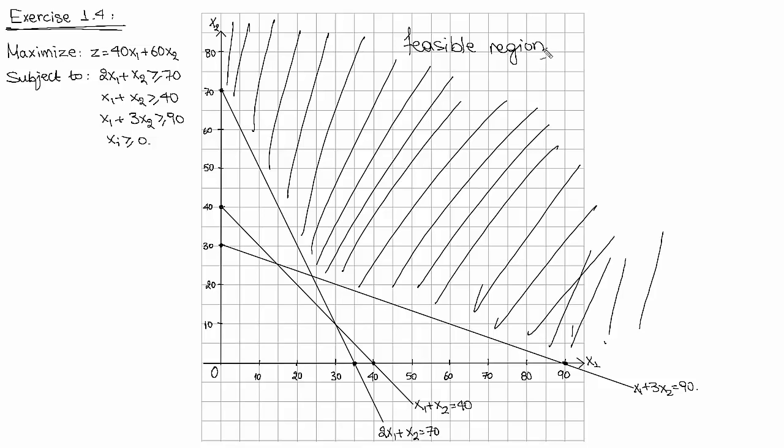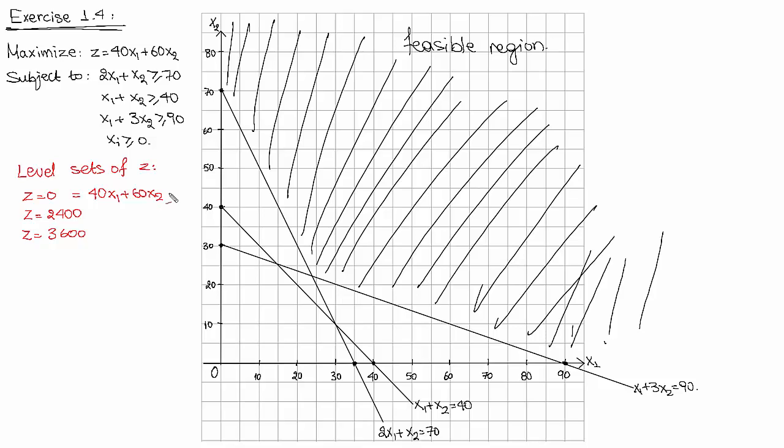Now we are going to draw some level sets of Z. We are going to choose Z equals 0, Z equals 2,400, and Z equals 3,600. We have to keep in mind that Z is equal to 40x1 plus 60x2.